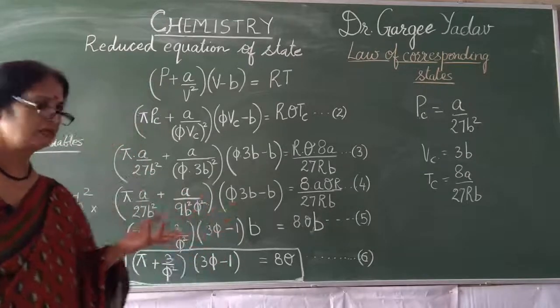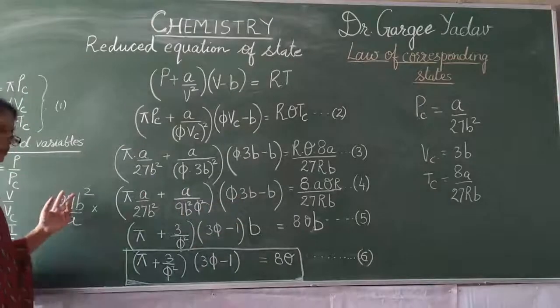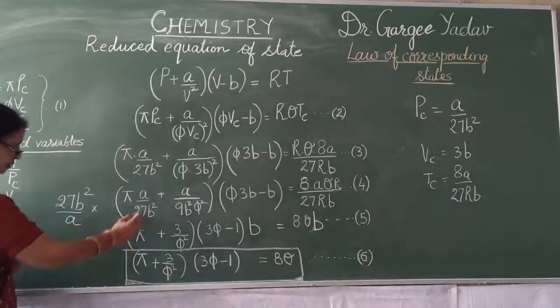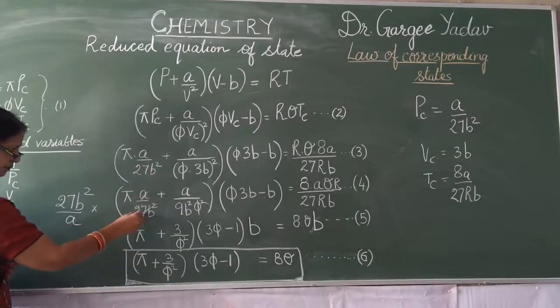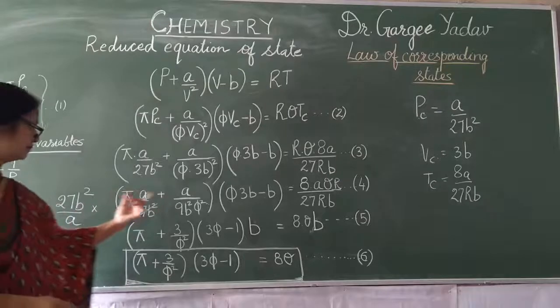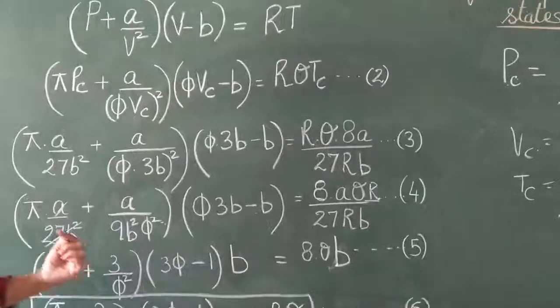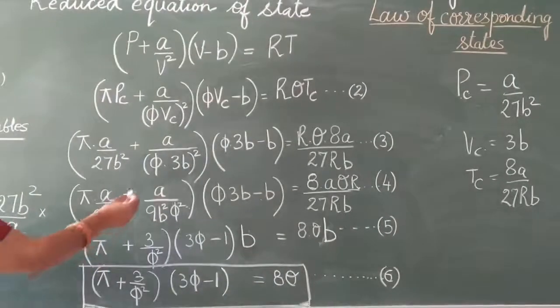It's the same thing. Just to reduce a step, I am saying that we have multiplied it by 27b square upon a. What we get: 27b square upon a gets cancelled, and we get pi. Multiply this term also, and what we get is 3 upon phi square, because a gets cancelled with a.